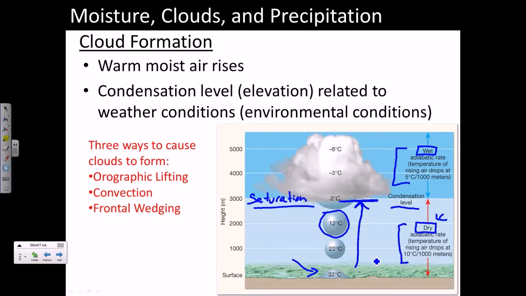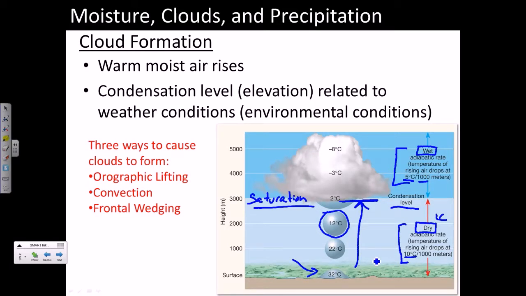Okay, notice if it's dry, we can lose 10 degrees C, 10 degrees of temperature per 1,000 meters. And if it's wet, we lose 5 degrees C per 1,000 meters of elevation change.